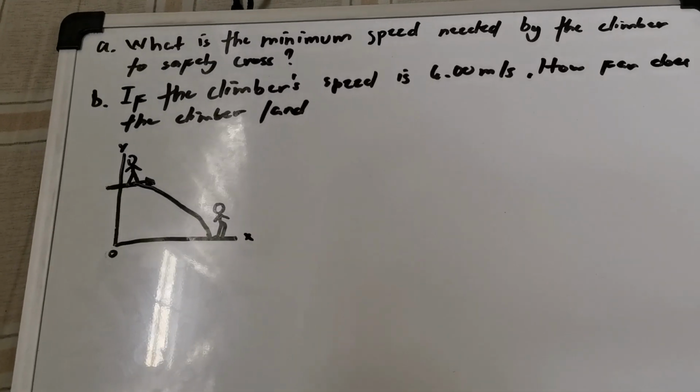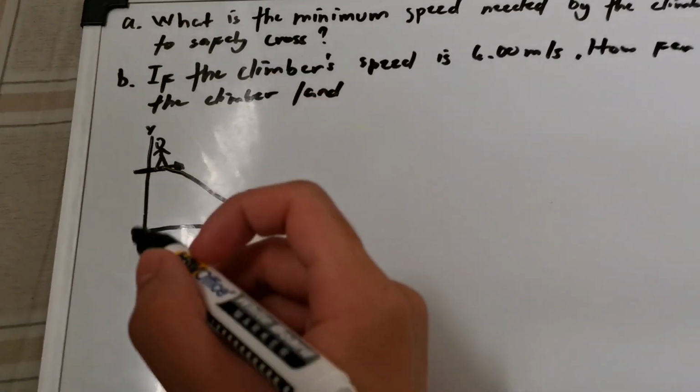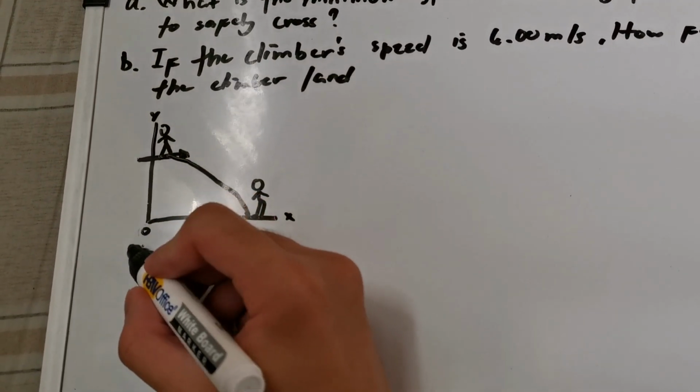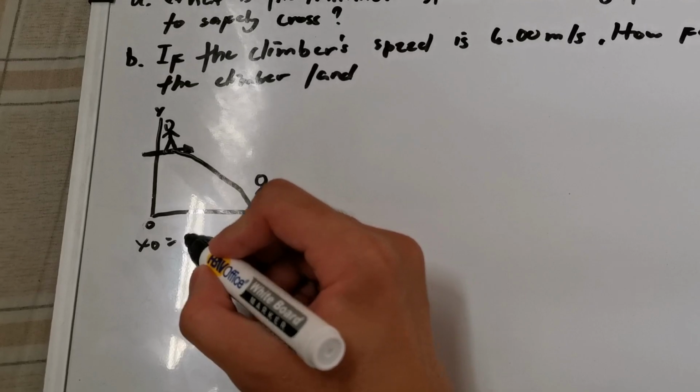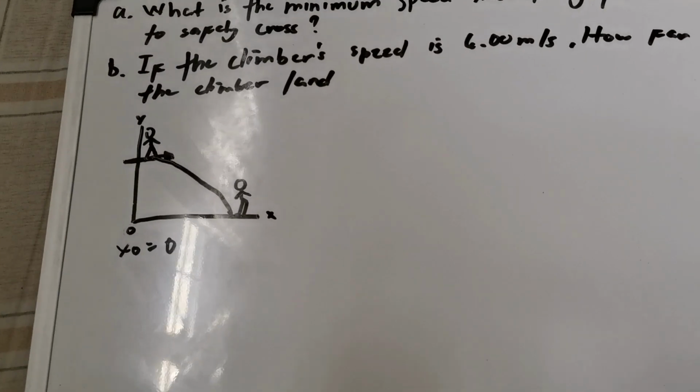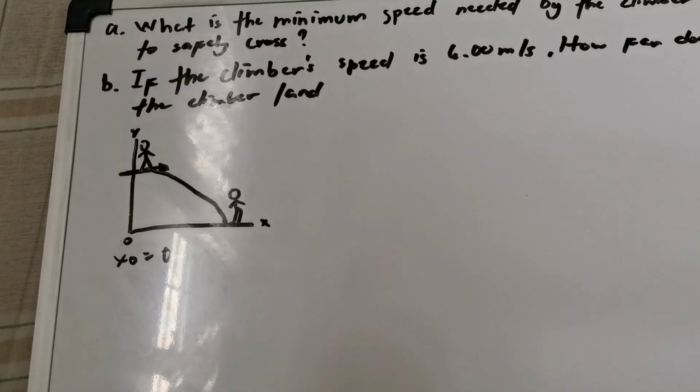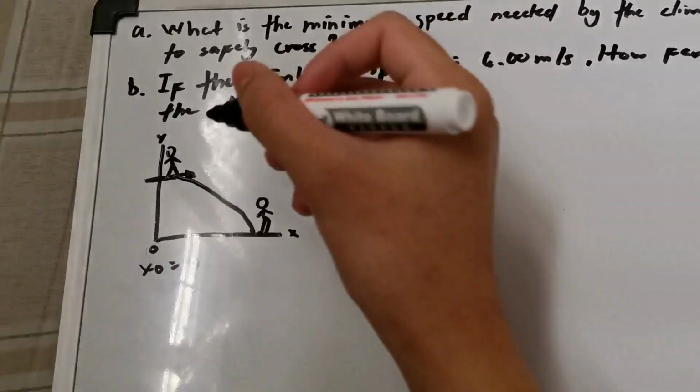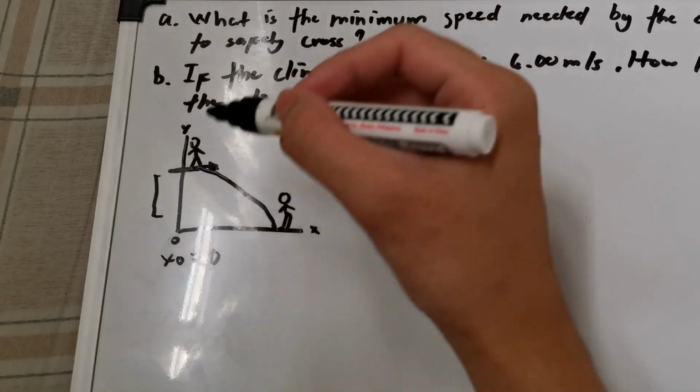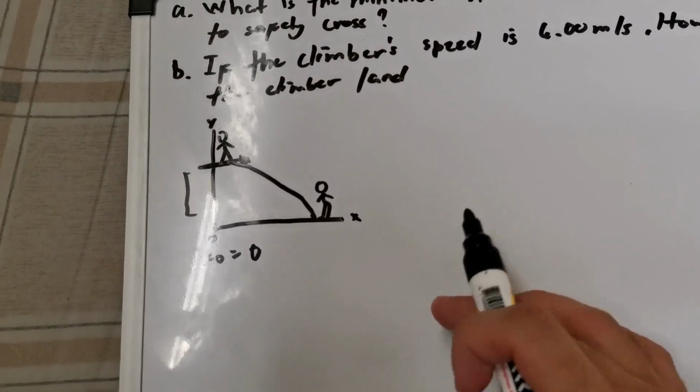So, yung climber daw ay tumalon dito sa initial position, which is x sub o is equal to 0. And the initial position at vertical, which is the height, is 2.74 meters.